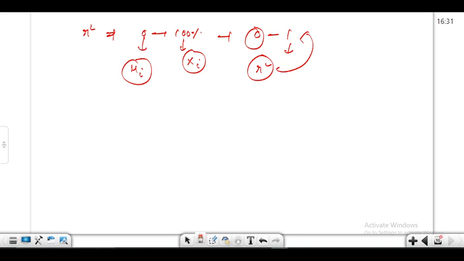Let's try to calculate your r square. What I know is yi is yi hat plus your ui hat. And yi is equal to beta 2 hat xi, this is small xi, plus ui hat.